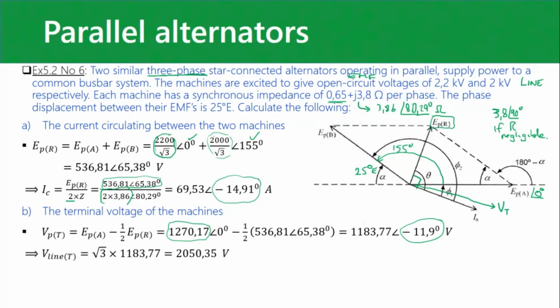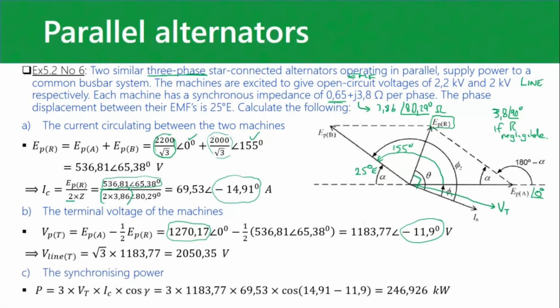So why is this angle so important? If they ask you, which they will, synchronizing power, you can use root 3, VL, IL, cosine of the angle between VL and IL. So then I would use this voltage and this current over here.